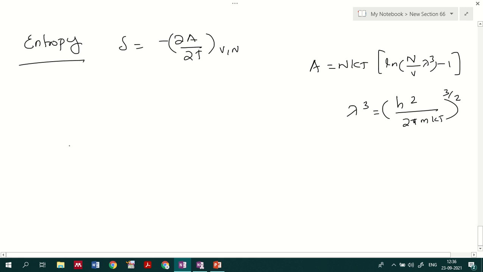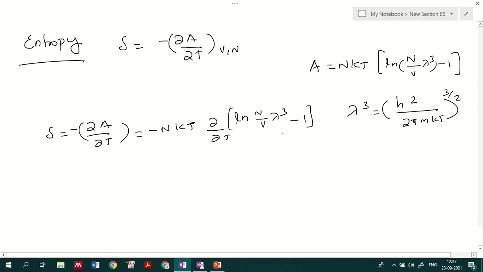So S is equal to minus dou A by dou T, that is equal to minus Nk dou by dou T of T times [ln(N by V lambda cube) minus 1].